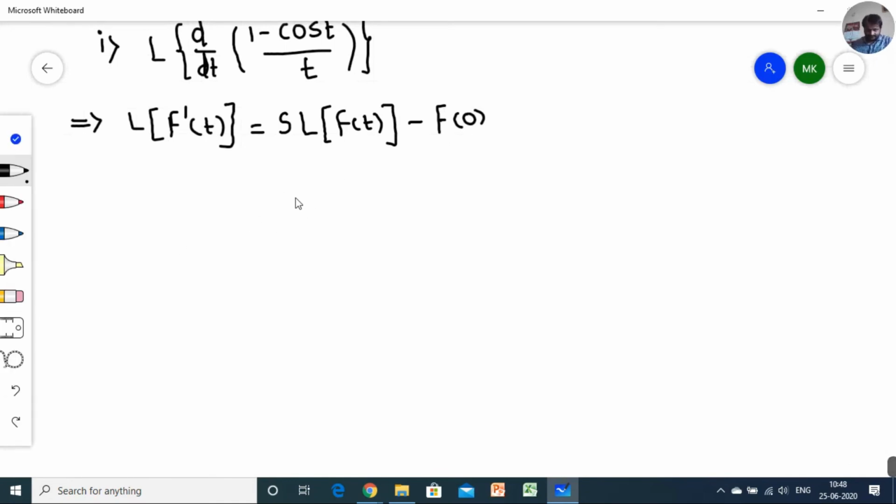So we have to start with the solution. We can calculate the Laplace of this function. So Laplace of 1 minus cos of t: Laplace of 1 is 1 by s, cos t means s upon s square plus 1 square, and 1 is kept as it is.